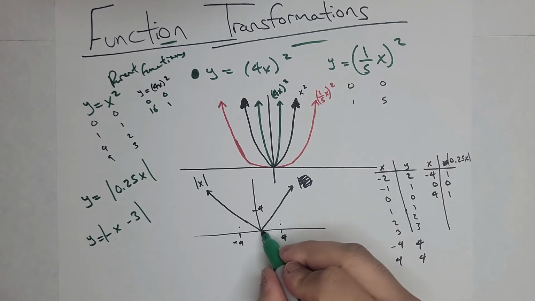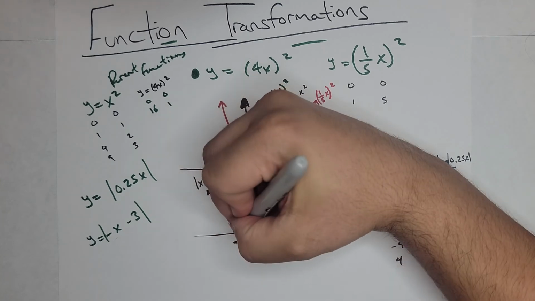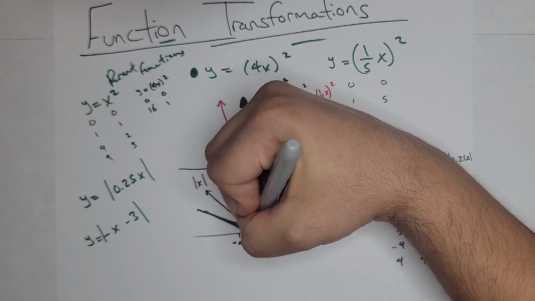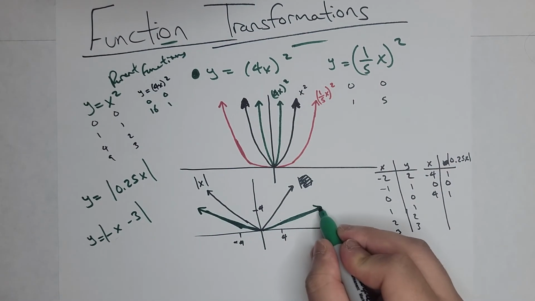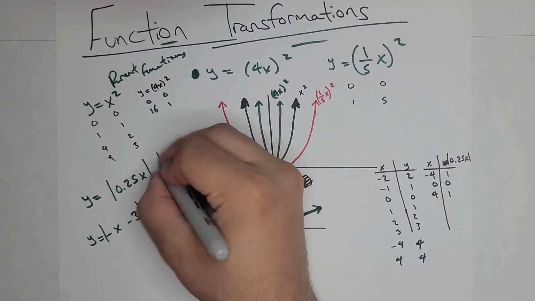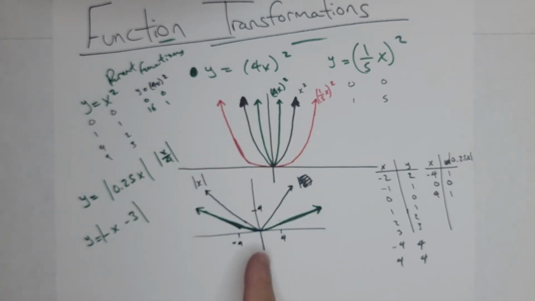So as you can see, that's a straight line. And now we see with a fraction here, or this could also be written as the absolute value of x over 4, we have a wider graph.